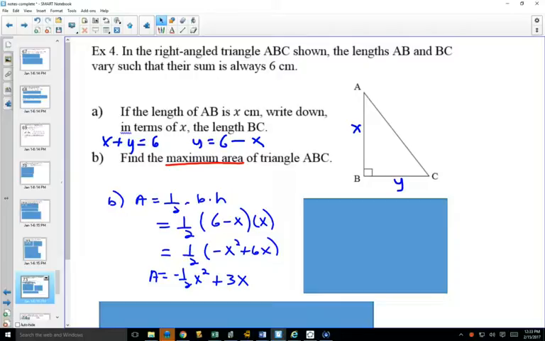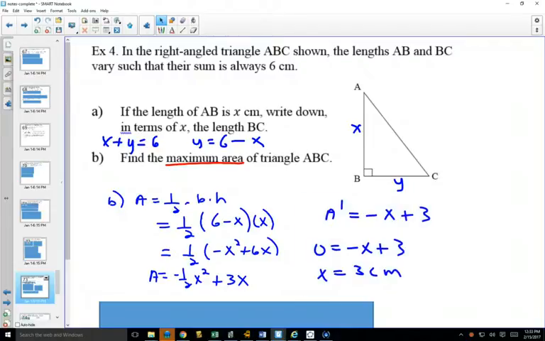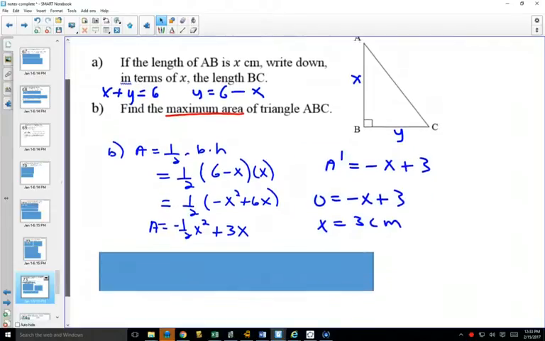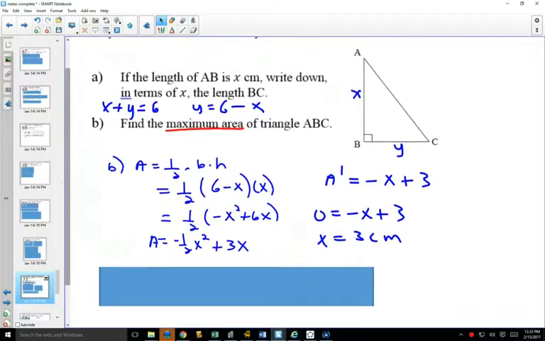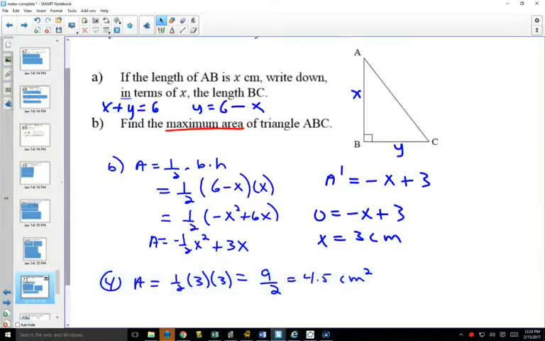Again, you could complete the square with that, but you're going to have a lot of fractions to work with. Or we can just take the derivative, set the derivative equal to 0, and find out when x is equal to 3, you have your biggest area. And that area will be 3 times 3 divided by 2, or 4.5 centimeters squared.